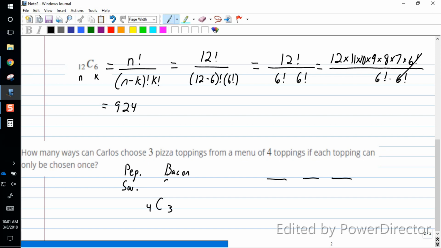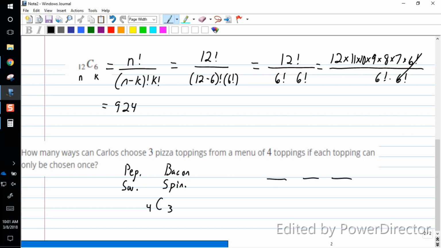Spinach. How do you spell spinach? There we go. Could we do it as a counting problem? Each one could be chosen once, but how would we be able to take out those?